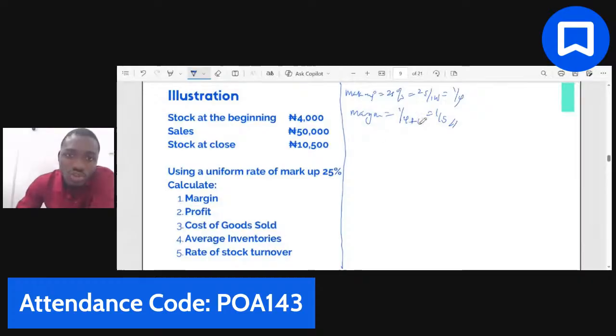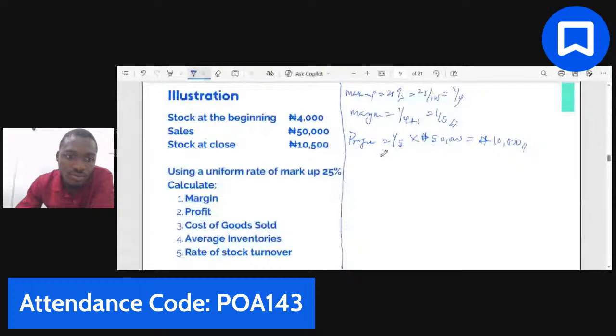So if your margin is 1 over 5, then your profit equals to 1 over 5 multiplied by what? 50,000 naira. Profit will be what? 10,000 naira. Then the second, cost of goods sold.